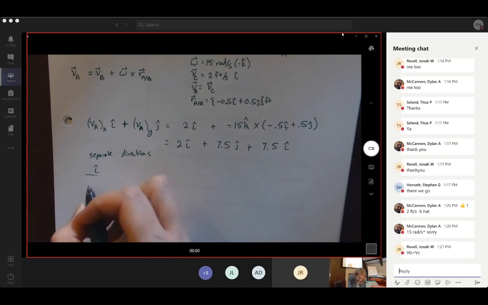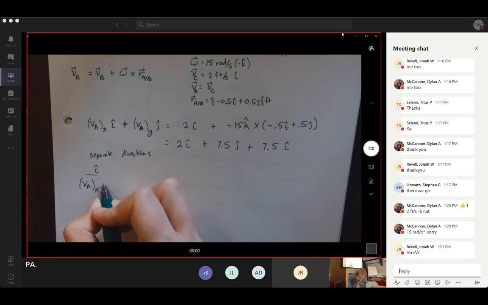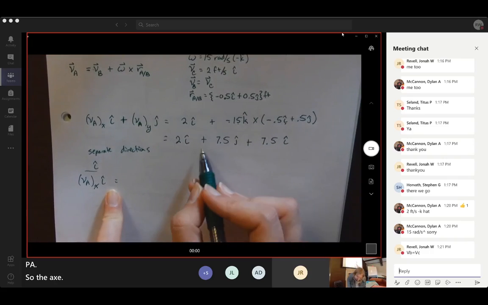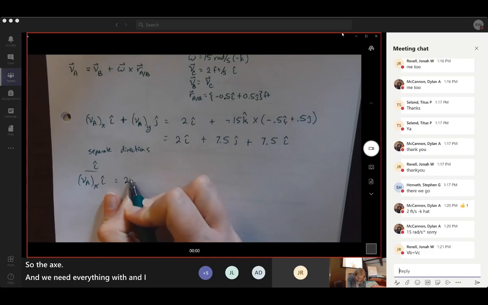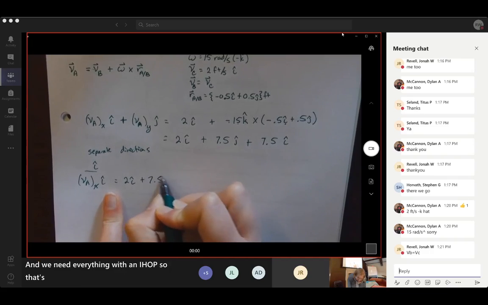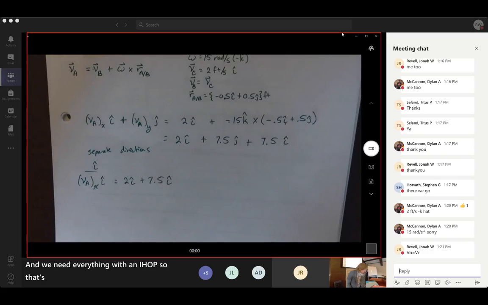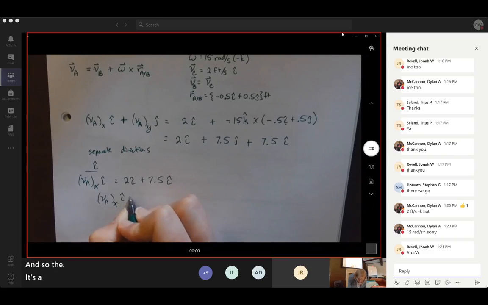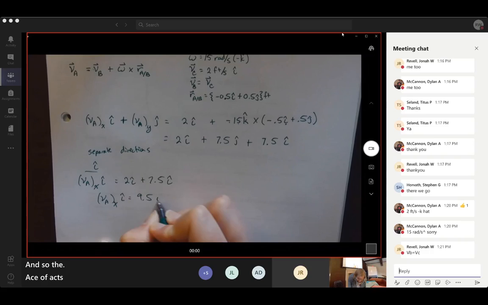So on the I hat side, we have VA sub x. And we need everything with an I hat, so that's 2 plus 7.5. And so VA sub x is 9.5 I hat.